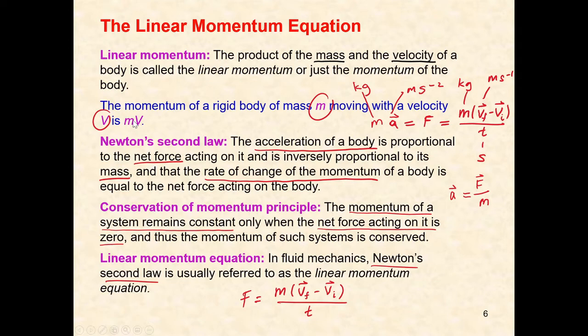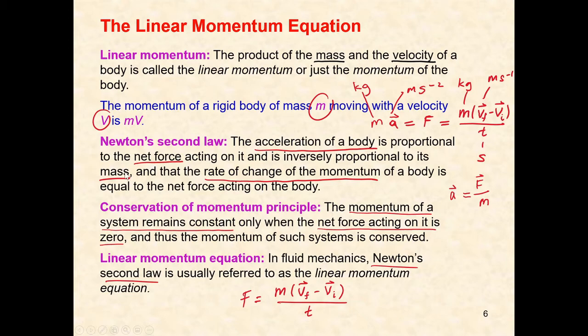According to Newton's second law, the acceleration of a body, the a vector, is proportional to the net force F acting on it, and is inversely proportional to its mass.